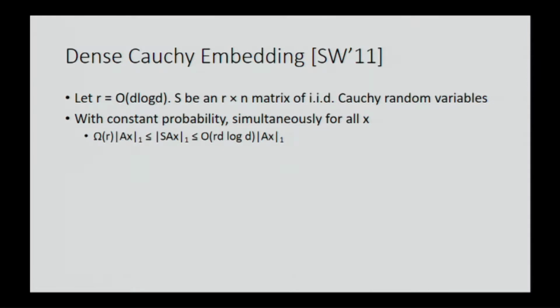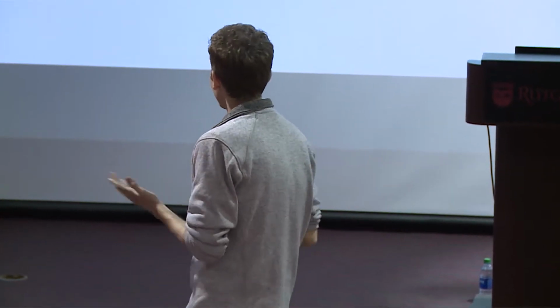Instead, for all x, the one norm of SAx is at least the one norm of Ax times r, and at most the one norm of Ax times r d log d. If I divide out by r, this gives me a subspace embedding with d log d distortion. At least it doesn't depend on the large dimension, but it's not as good as 1 plus epsilon.